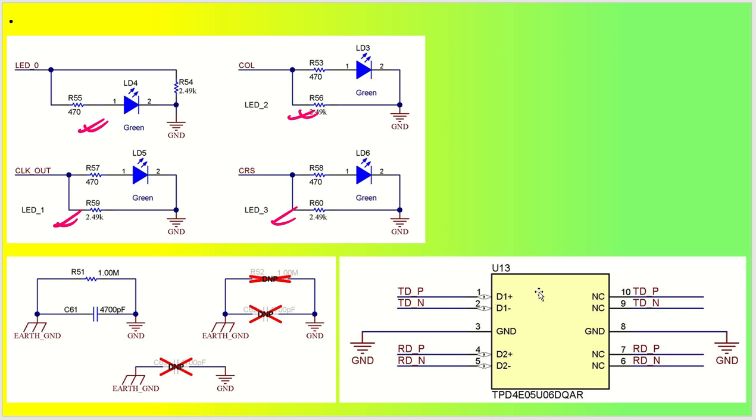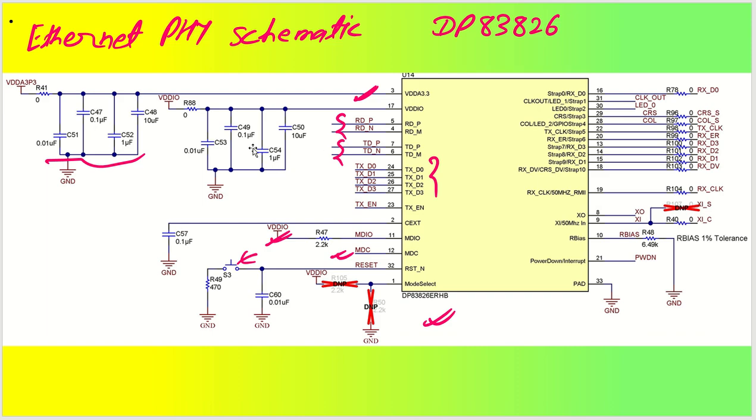This particular ESD diode has been used for these pairs. It has one pair and one more pair, so 2 pairs of ESD diodes in only one IC. Alright guys, hope you have a good understanding of this Ethernet PHY IC schematic design.